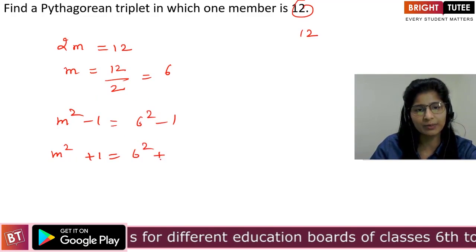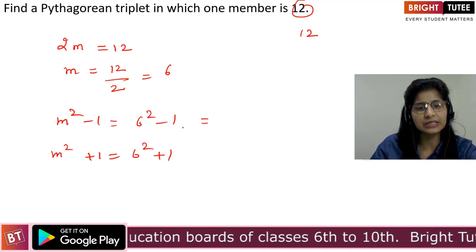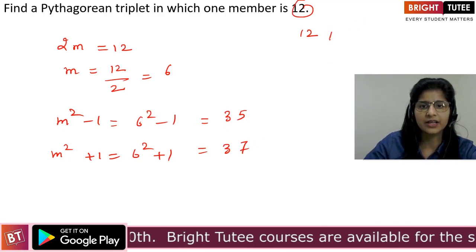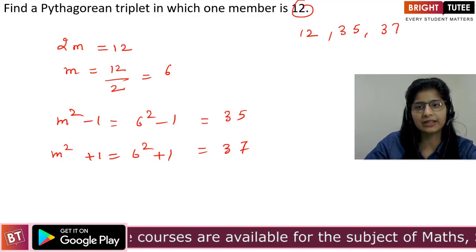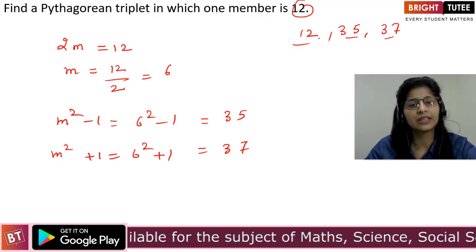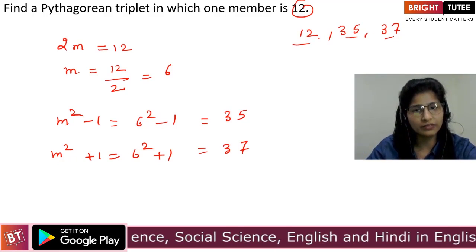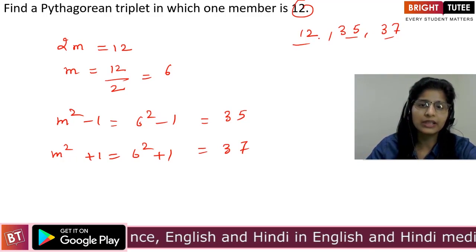Here, 6 square plus 1. So here 36 minus 1 is 35. 36 plus 1 is 37. So we have 35 and 37. These are the three Pythagorean triplets. So just by knowing one of the members, we can find out the rest also.